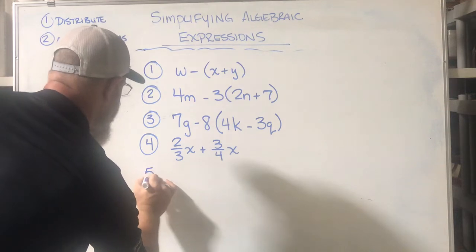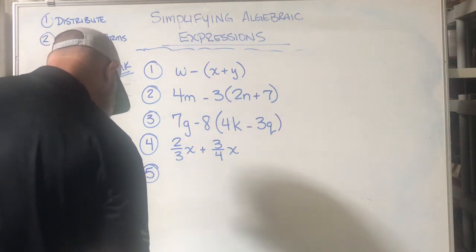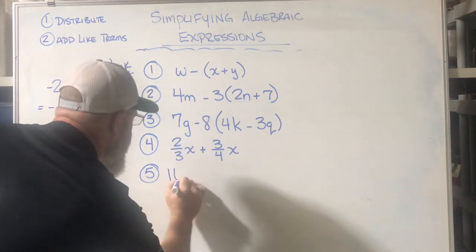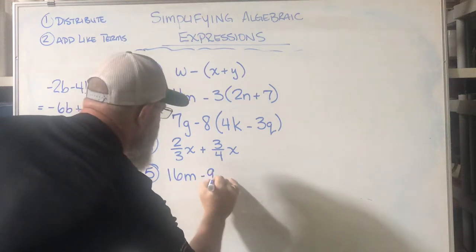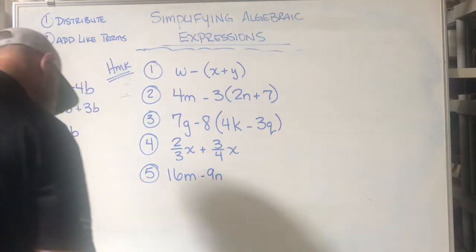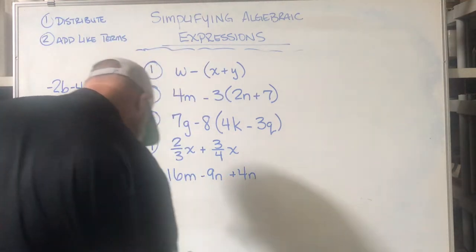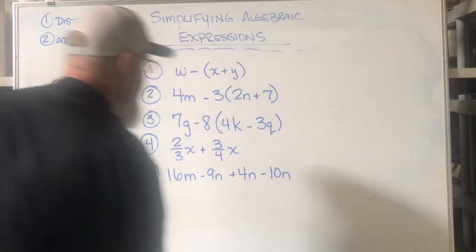Number 5. I want you to do 16m minus 9n plus 4n minus 10n.